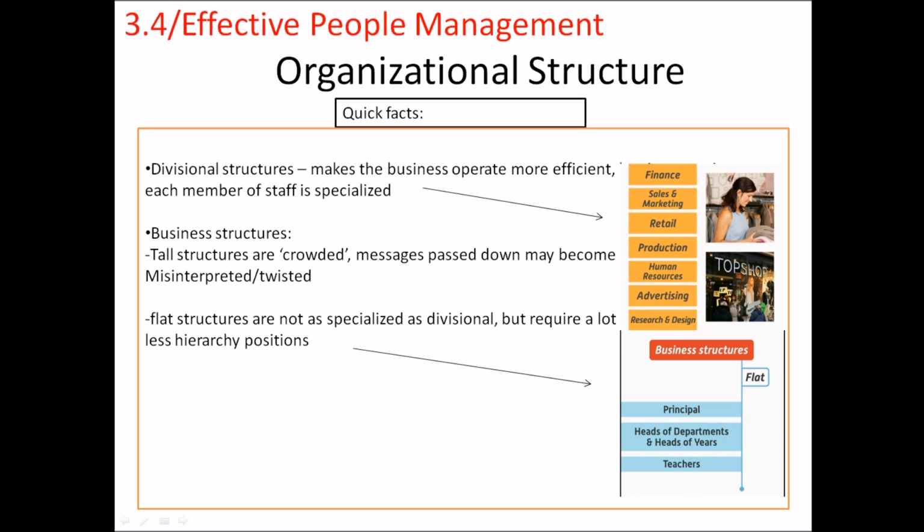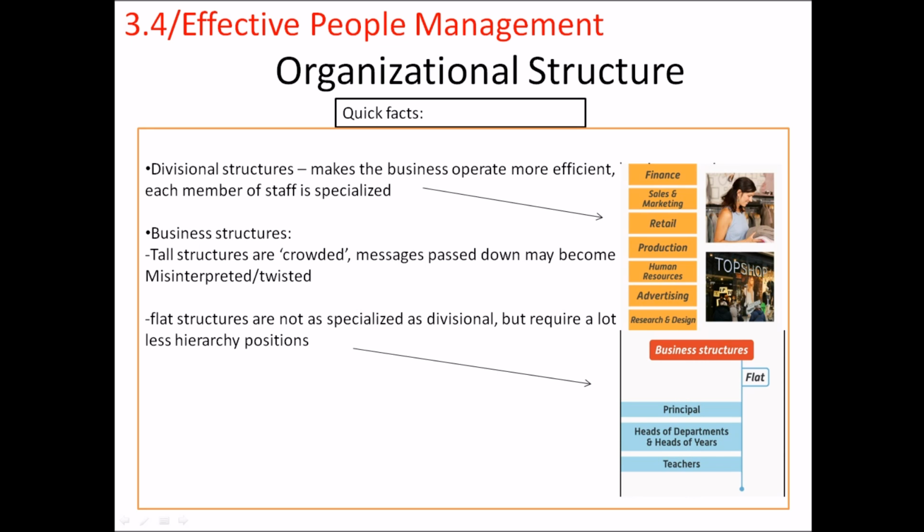We then have the other two you need to know, and these are a little less specialised, but it depends what business it's used in. You'll need to know the tall structures and the flat structures. The big difference between these is that a tall structure is when there are crowded messages in a hierarchy. If we look at the flat structure on the bottom right, it has three roles.